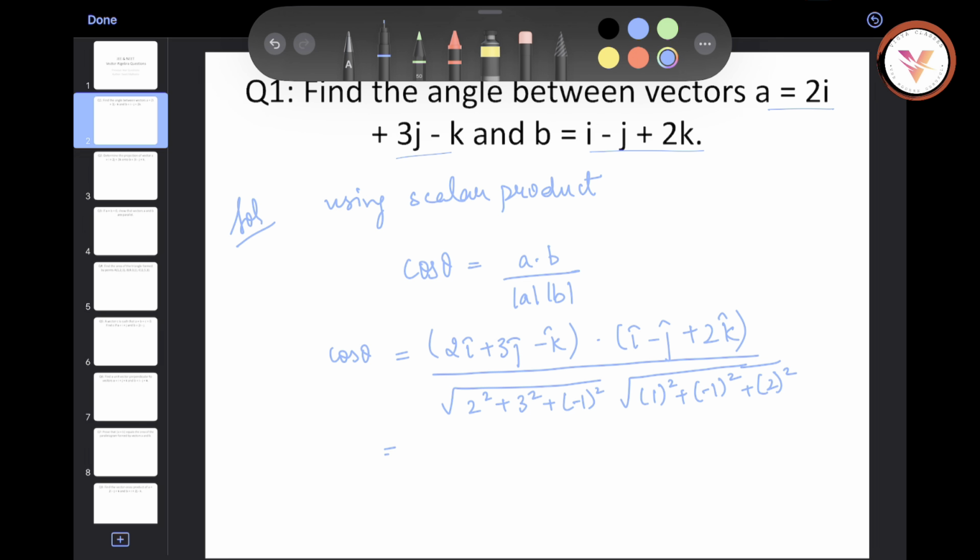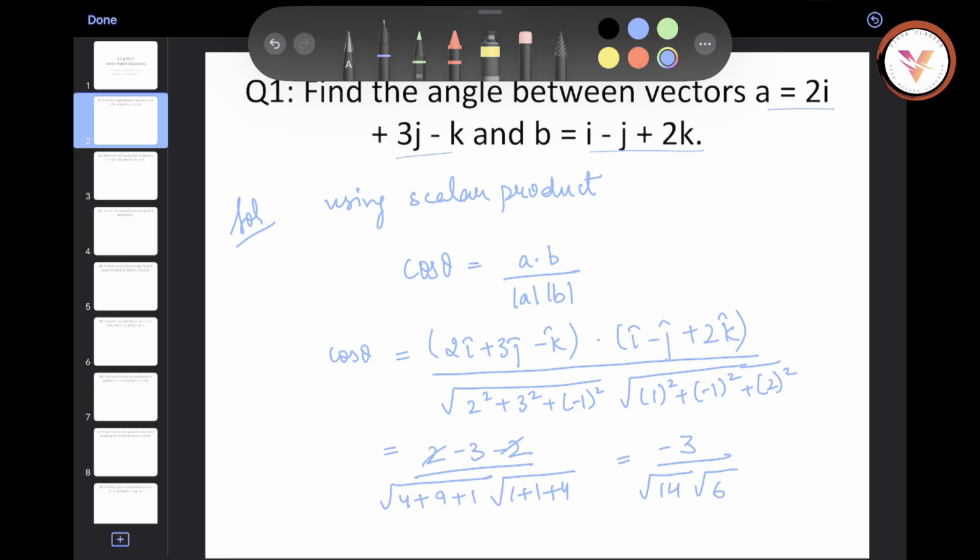Then this becomes 2i cap into i cap is 2, 3 into minus 1 is minus 3, minus 1 into 2 is minus 2, over 2 2s are 4 plus 9 plus 1, times 1 plus 1 plus 4. So this becomes minus 3 over under root of 14 and under root of 6.